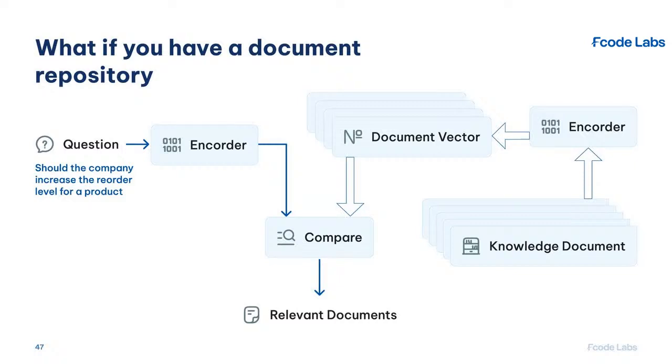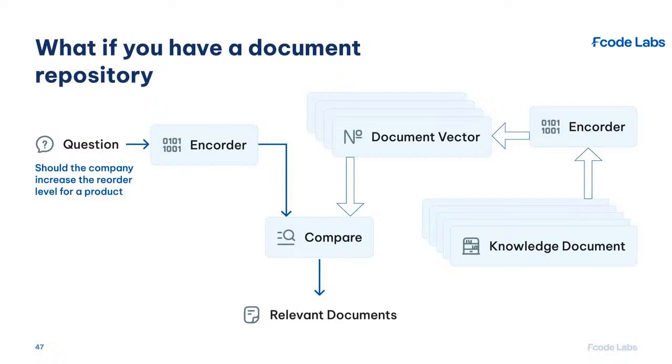So in the previous case, the company had a set of documents with the information. What the company can do in a situation like this is have an encoder to encode all the knowledge documents they have into a vector. These types of encoders are called word-to-vec encoders, and also embeddings.